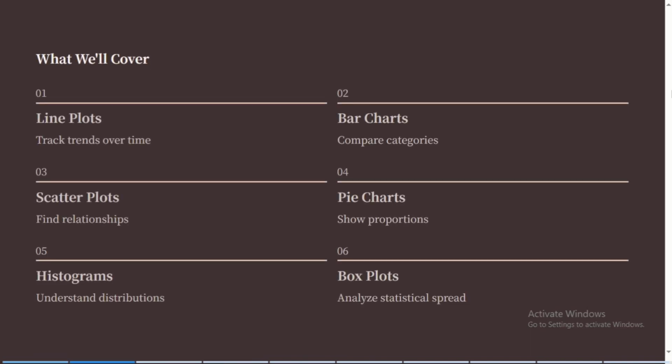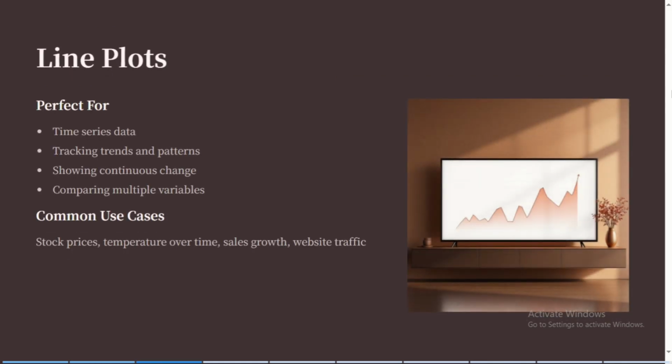In this video, we will cover the most commonly used plot types in Matplotlib. We'll understand line plots, bar charts, scatter plots, pie charts, histograms, and box plots. More importantly, I'll explain where each plot is used in real life so you don't just memorize, you actually understand.